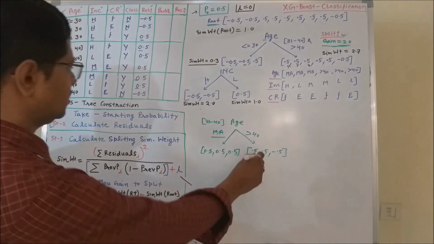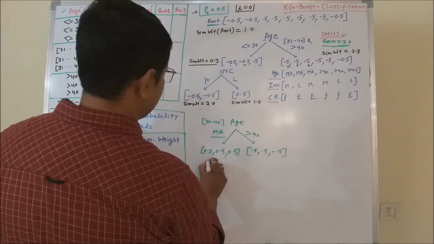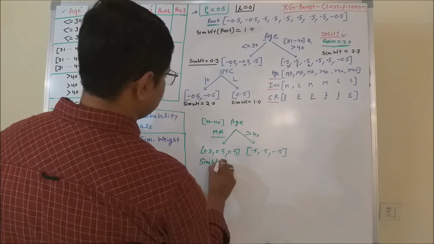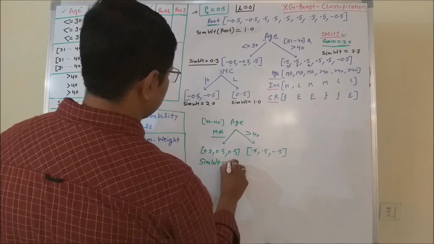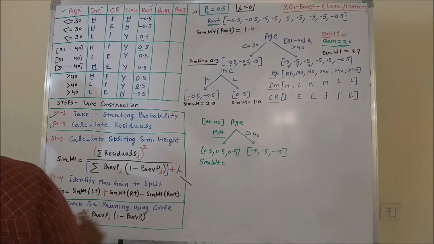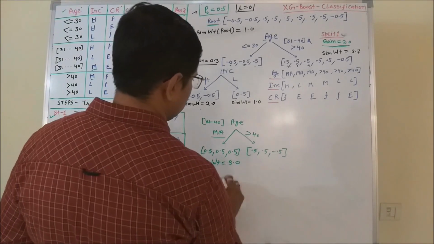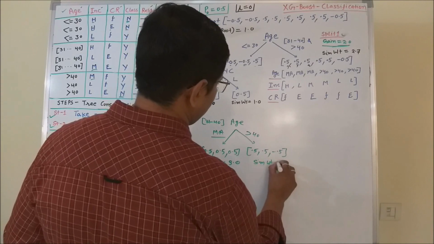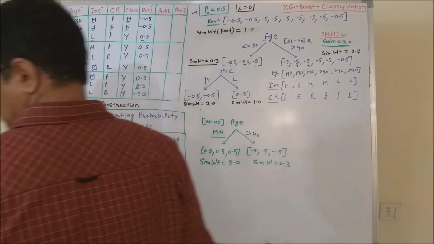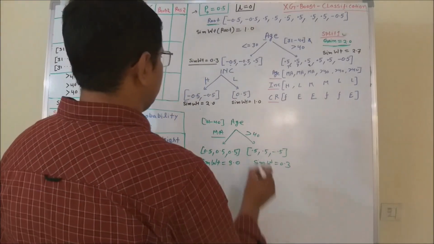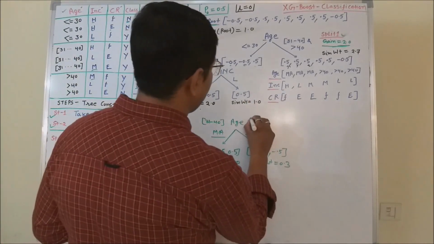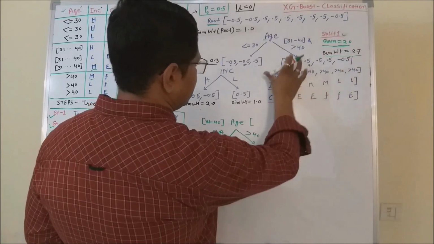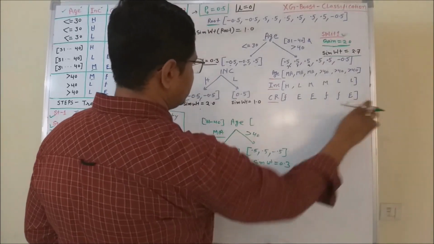Once you solve it, you will get some similarity weight. You will get a similarity weight of around 3.0 on one side, and on the other side around 0.3. For age, you use this similarity weight of 2.7 because we are considering this as the root for this split.